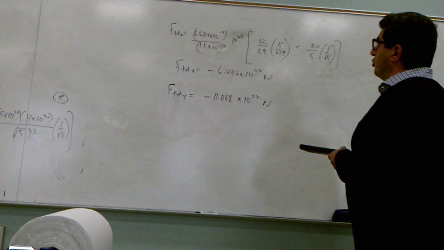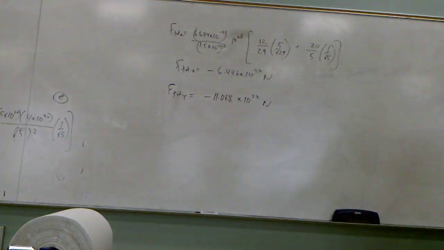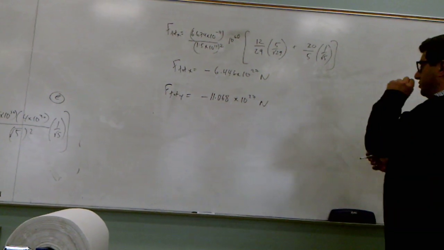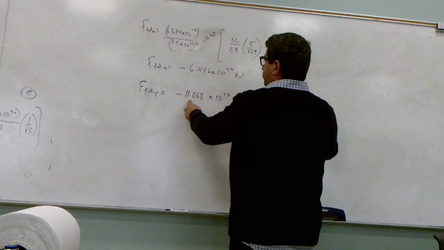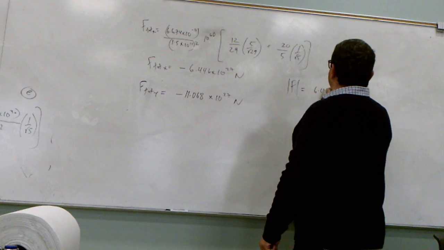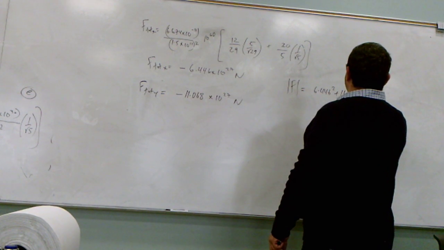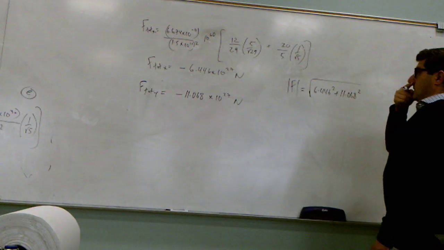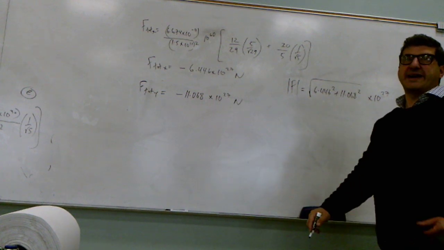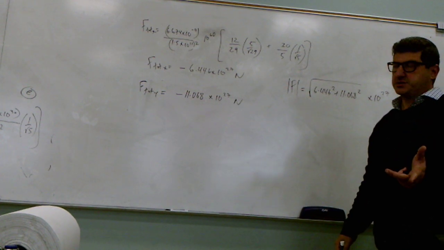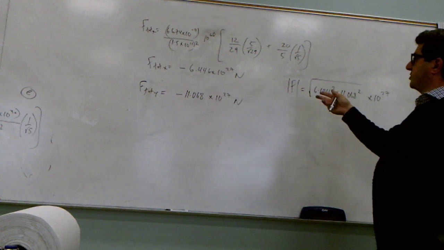So this gives you the total force. Now if I wanted to know the magnitude and direction of that force, the magnitude is going to be this squared plus this squared, right? 6.446 squared plus 11.068 squared, square root, and then times 10 to the 27th. So you get the total magnitude by squaring the components, adding them, and square rooting it.